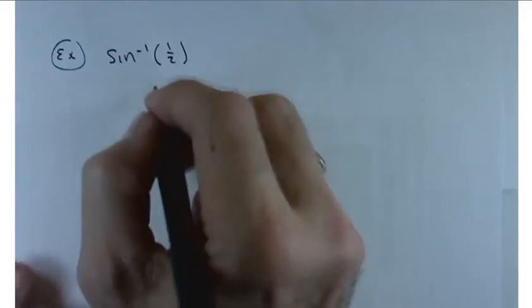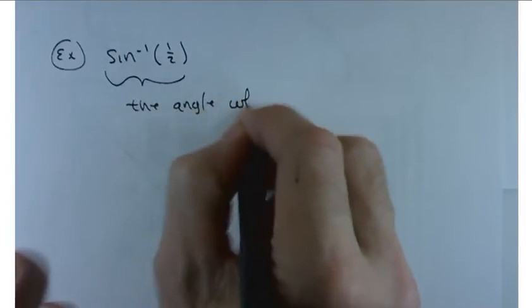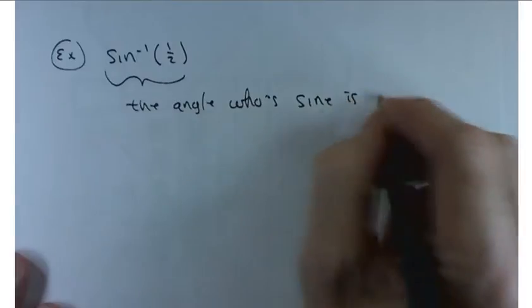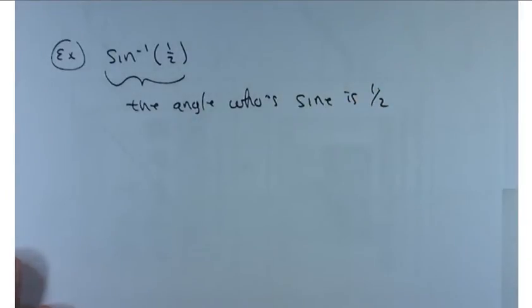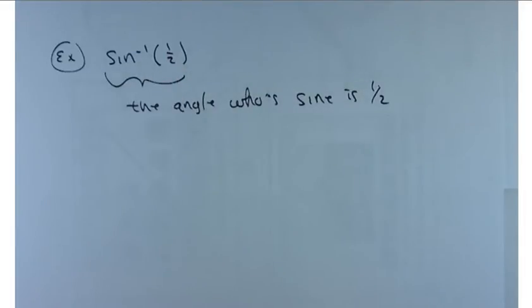What this represents is the angle whose sine is 1/2. That's what the inverse is representing. So you're kind of going the opposite. Instead of saying, I want the y-coordinate of a point associated with an angle on the unit circle, now you're going the opposite way, saying, I've got the y-coordinate, what's the angle?